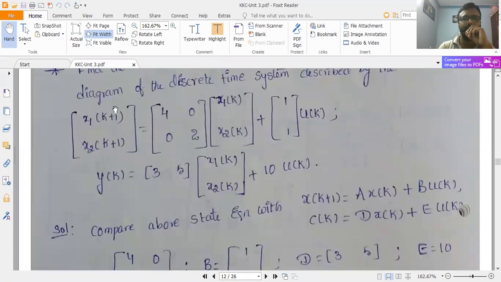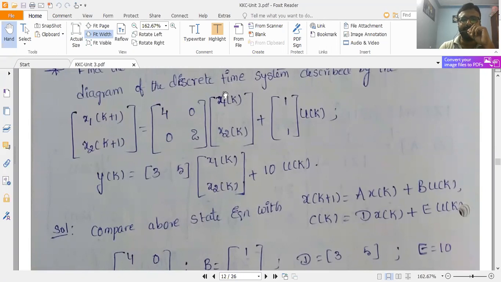Okay, so here are the values we have been given: x1 of (k plus 1), x2 of (k plus 1) is equal to [4 0; 0 2] x1 of k, x2 of k plus [1; 1] into u of k, and the output equation y of k is equal to [3 5] into x1 of k, x2 of k plus 10.